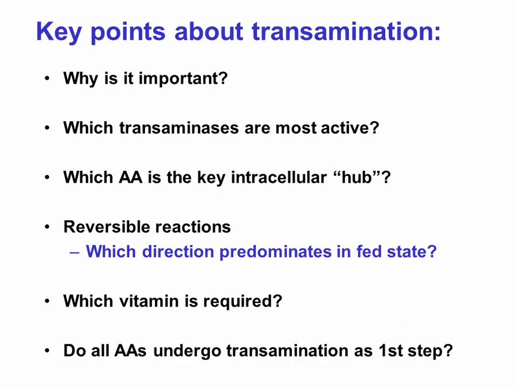We're going to talk about what happens in the intestine in the fed state, and it'll be more clear. Alanine is one of the major products coming from the intestine from its metabolism of amino acids. So alanine is going to be higher than glutamate, and that'll drive it in that direction in the fed state. That's a great question, actually. Okay, any questions about any of that?